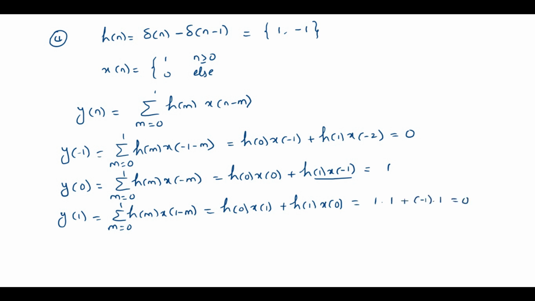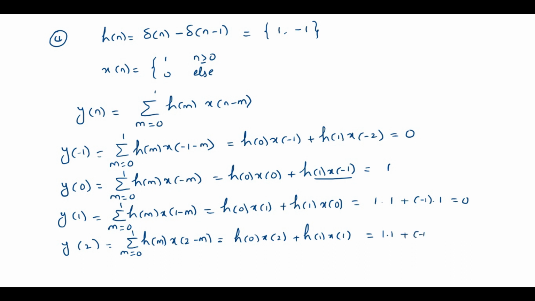So it is 0. Next, y of 2, summation m from 0 to 1 of h of m into x of 2 minus m. Value is h of 0 into x of 2 plus h of 1 into x of 1. So it is 1 into 1 plus minus 1 into 1. So the value is 0.